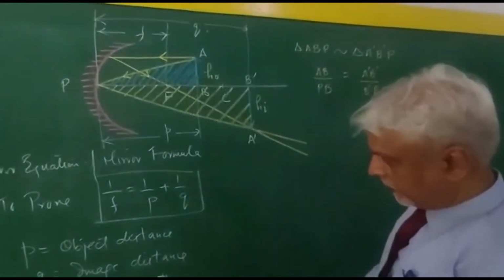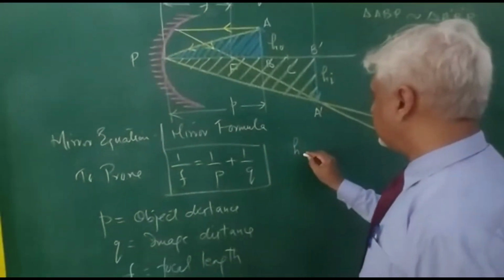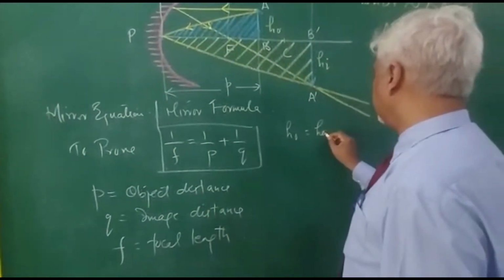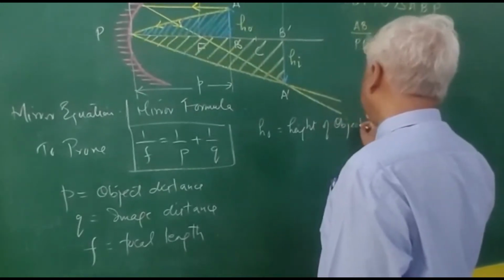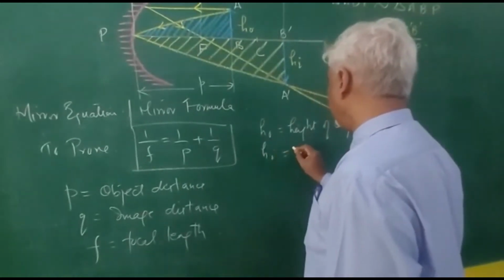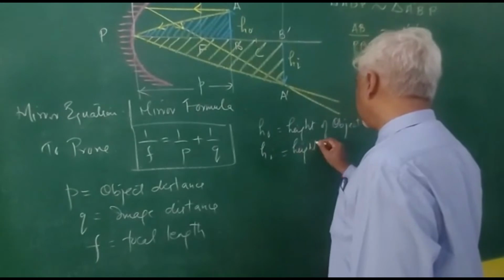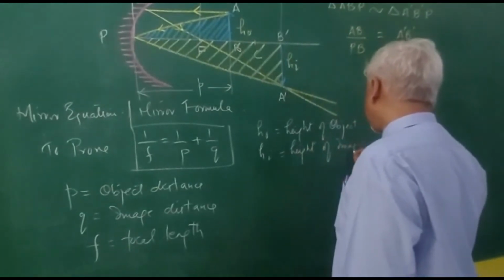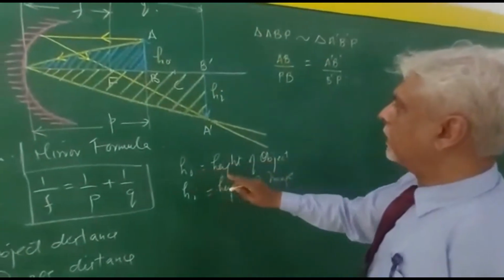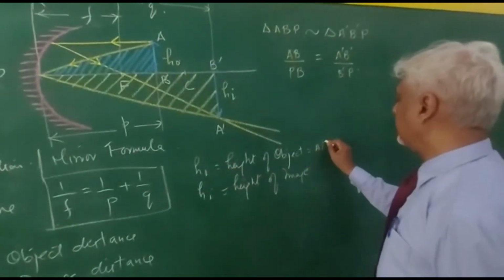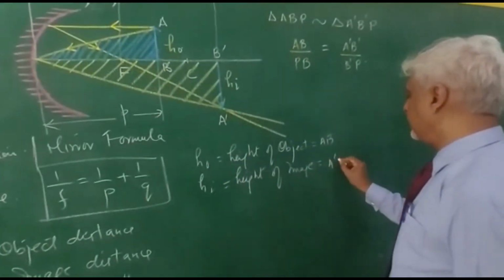So I can write this down: HO is the height of object and HI is the height of image. So HO is equal to AB and HI is A dash B dash.